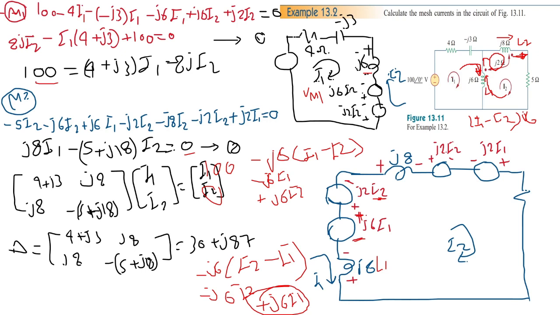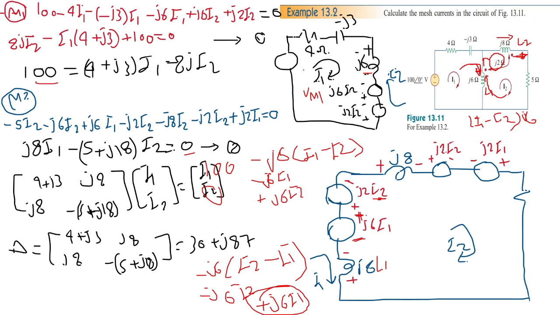We have I1 entering L1 at the dot and I2 leaving L2 at the dot. So in mesh 1, it is an opposing connection case, meaning that the mutually induced voltage around L1 because of I2 passing through L2 would have reverse polarity to the voltage drop around L1.